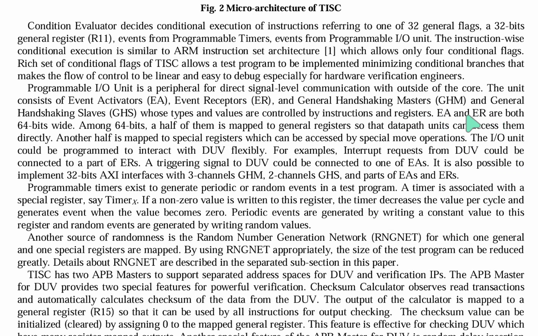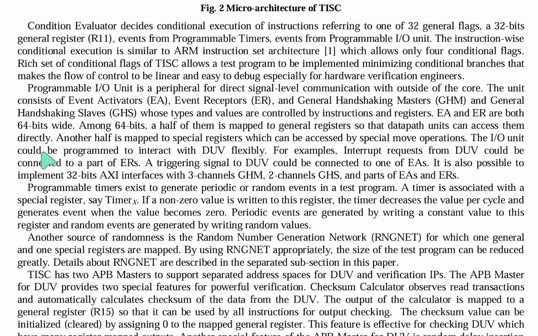EA and ER are both 64 bits wide. Among the 64 bits, half of them are mapped to general registers so that the datapath units can access them directly. The other half are mapped to the special registers, which can be accessed by a special move operation.